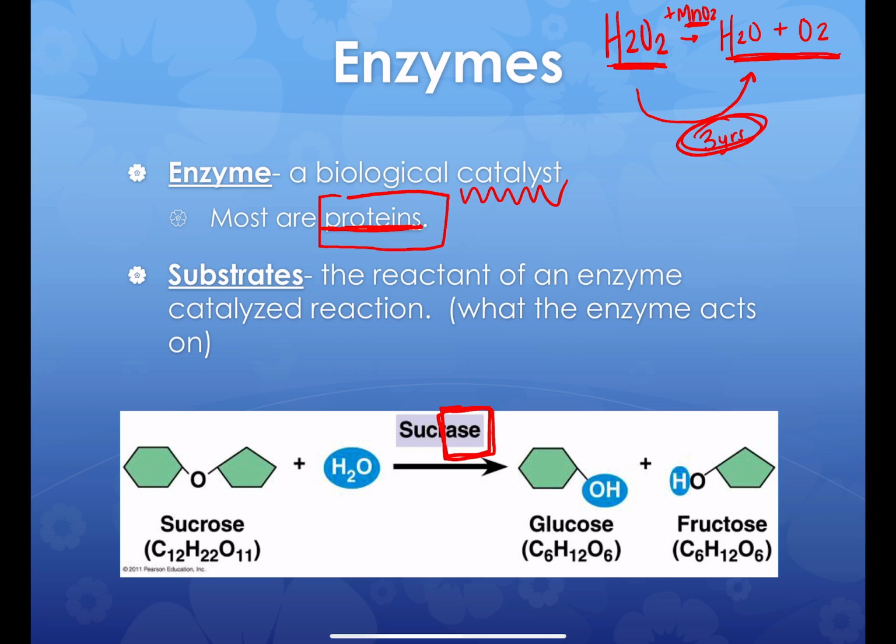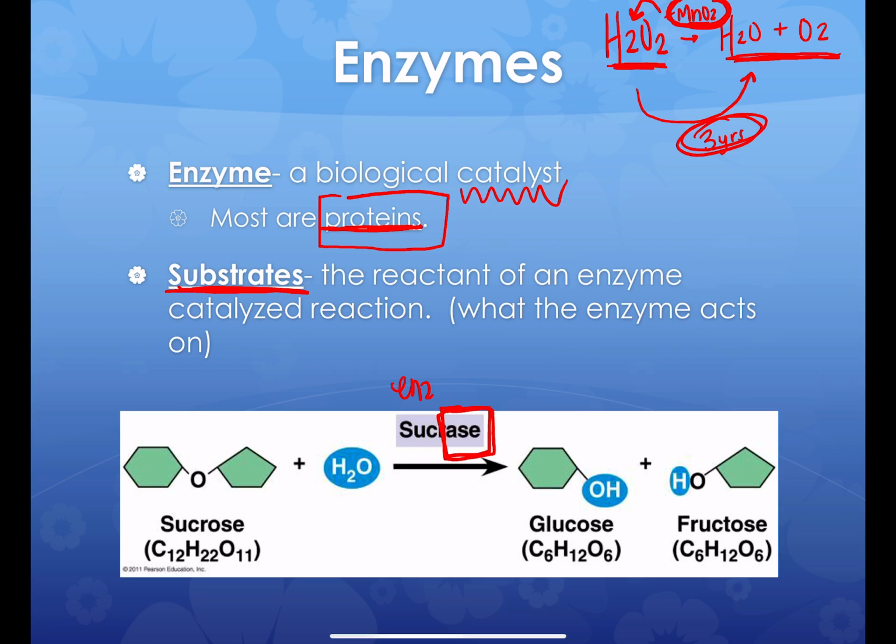Okay, so what enzymes act on is referred to as the substrate, okay? So manganese oxide in this case is our catalyst. Again, it's not an enzyme because it's not a biological system, but what it acts on is the substrate. So in that example, the hydrogen peroxide would be the substrate, okay?